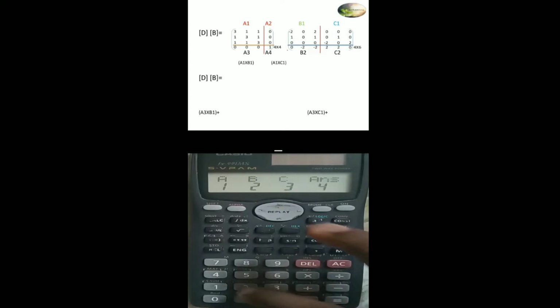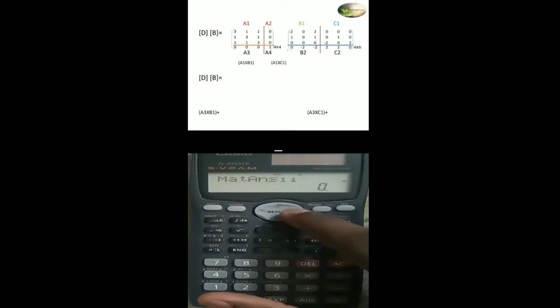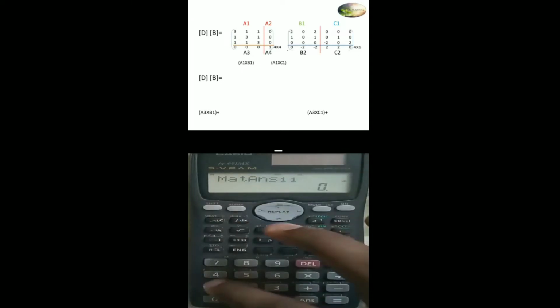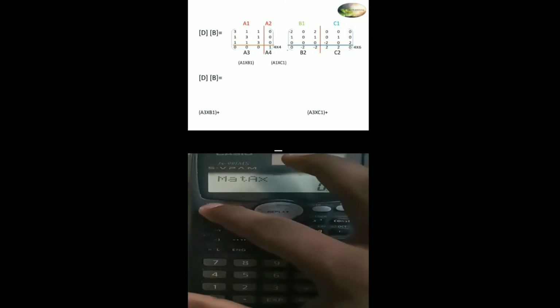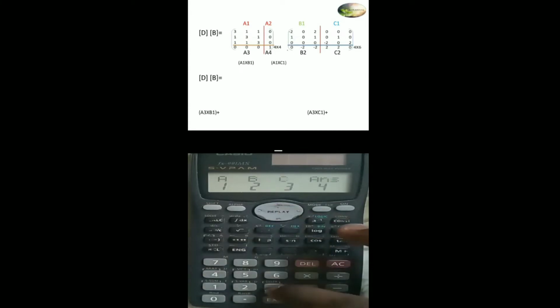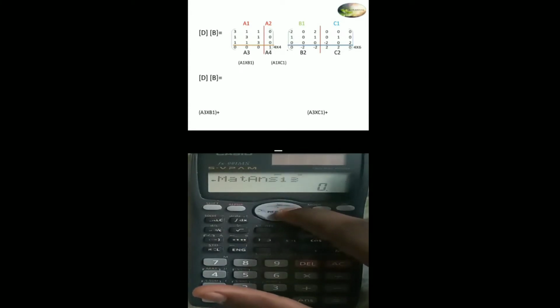Now multiply A3 into B1. Then A3 into C1. Get the values.